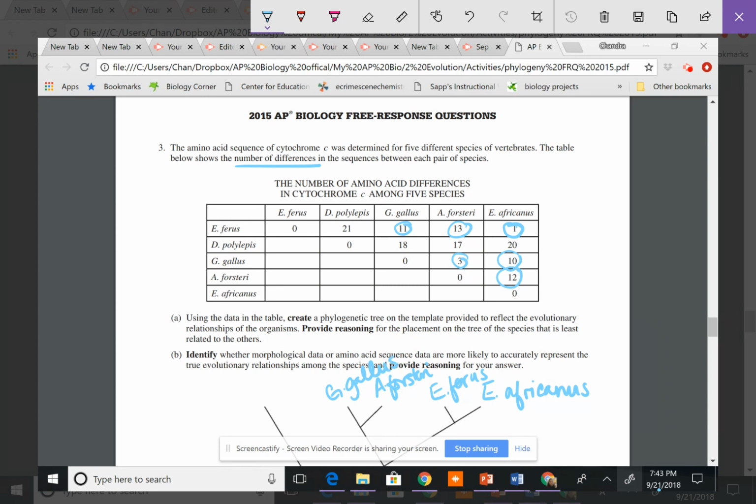Now let's look at what we have left. We've decided where 4 of them go. The only one we haven't talked about is Polylepis. Polylepis has the most differences between itself and africanus, between itself and foresteri, between itself and gallus. It also has a fair amount of differences between itself and ferris. So that tells us that D. Polylepis goes there.